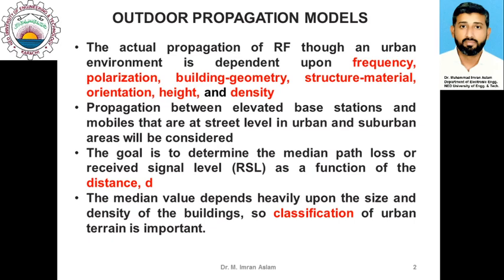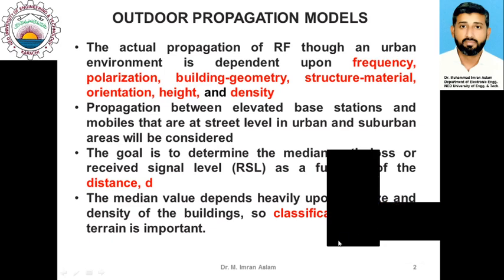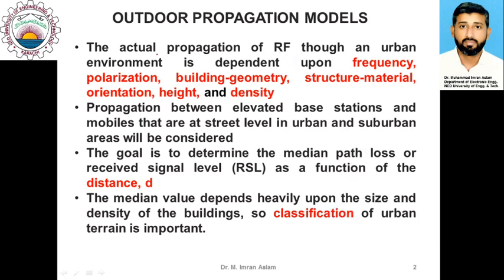let me quickly review what we have discussed so far related to the models. You know that the actual RF propagation in the urban environment depends on a variety of different factors. Those factors are not only related to the wireless system but also the environment. For example, the frequency: if we change the frequency, the propagation losses change.